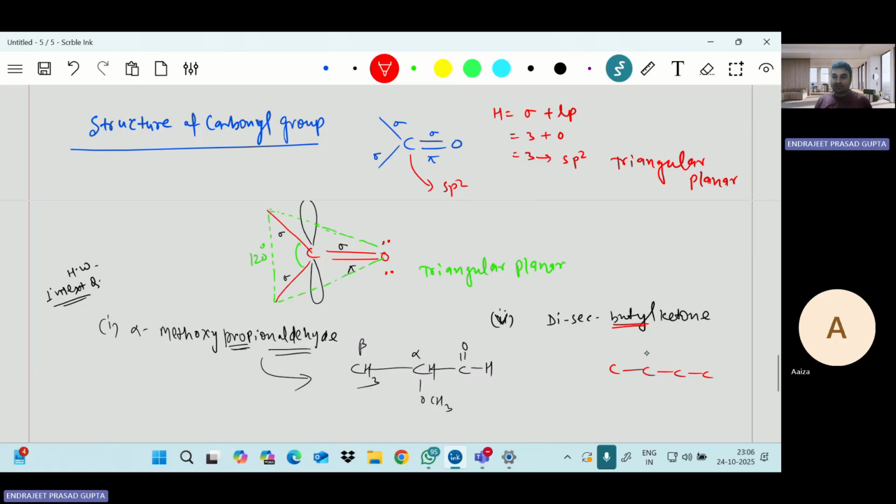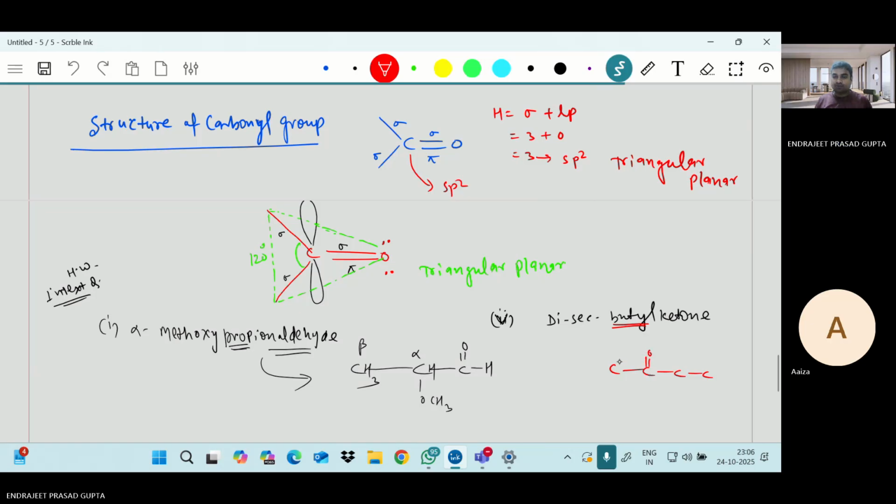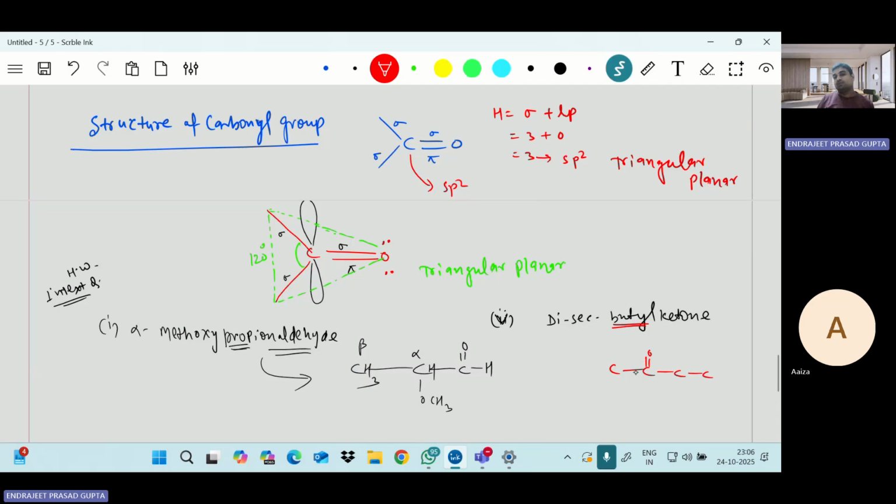Secondary butyl means here, double bond O, and a secondary butyl. Now it's a ketone, the functional group is there. And di-secondary. Do you know what secondary butyl is?